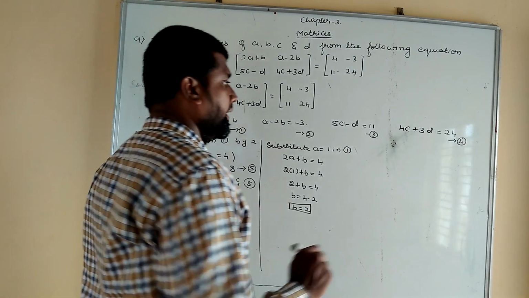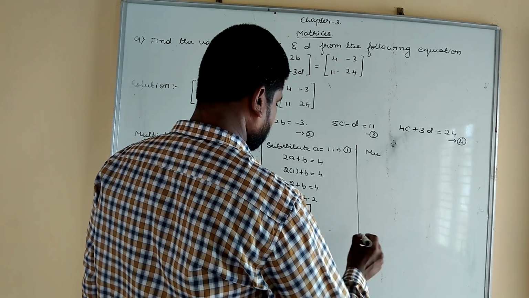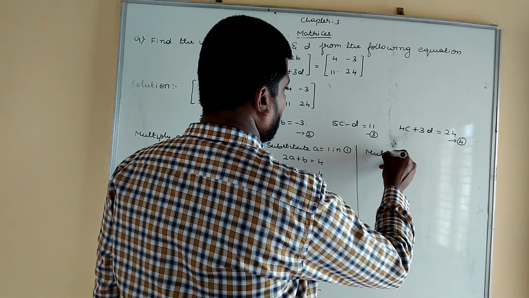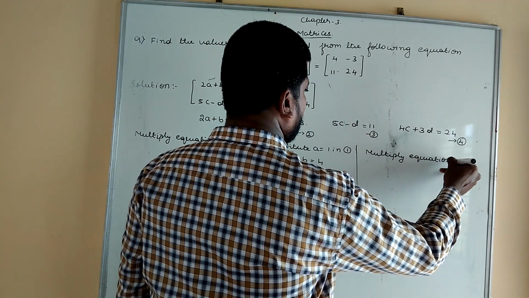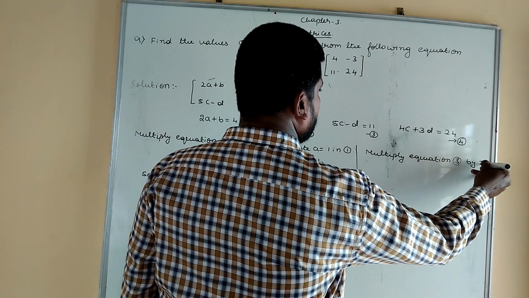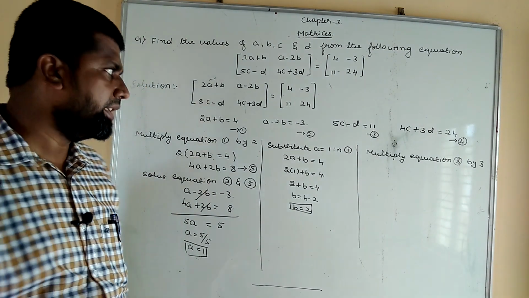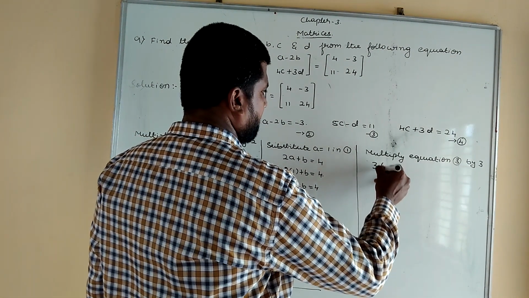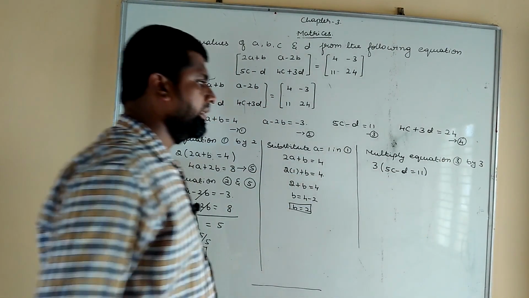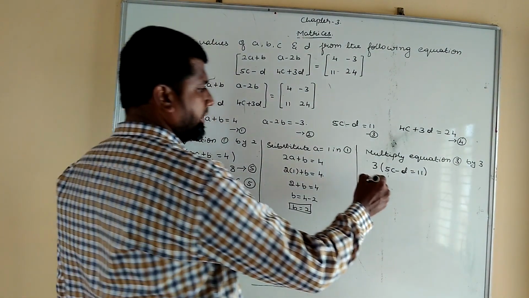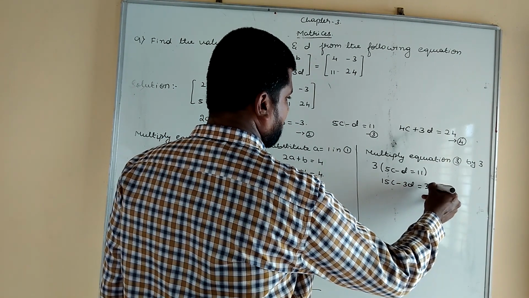So let us take equation 3 and multiply it by 3. 5C minus D is equal to 11. If you multiply by 3, 5 into 3 is 15C minus 3D, that is equal to 33.